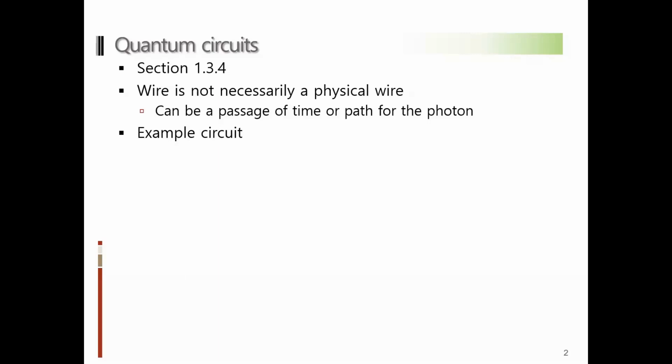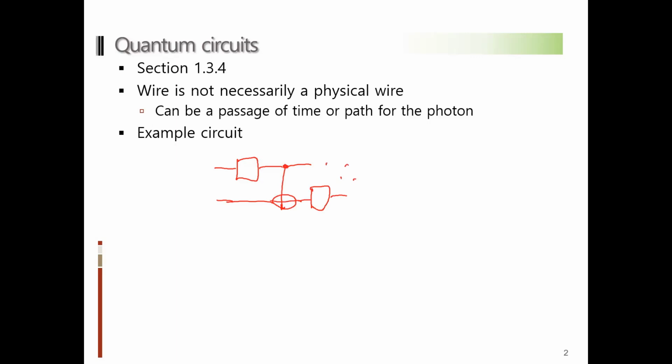Even in the quantum circuit, we frequently use this kind of wire-looking thing, and then we might have some single qubit gate, and then some multiple qubit gate, and then another single qubit gate, and so forth.